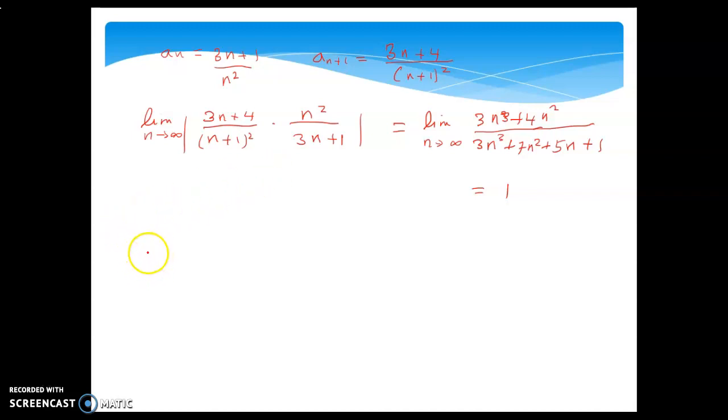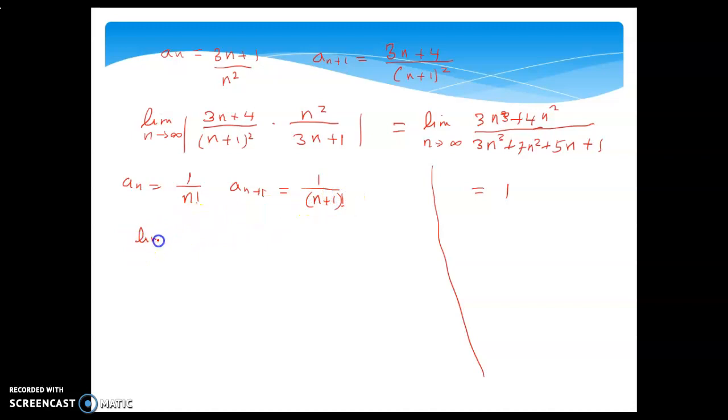Okay, the last one. Our a of n here is going to be equal to 1 over n factorial. a of n plus 1 would be equal to 1 over n plus 1 factorial.